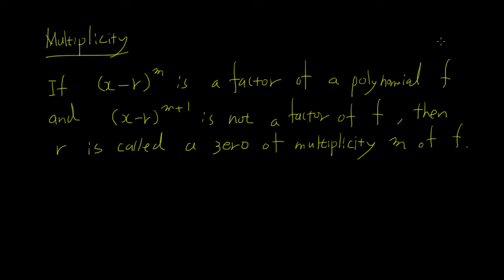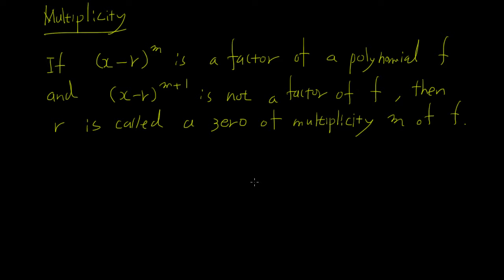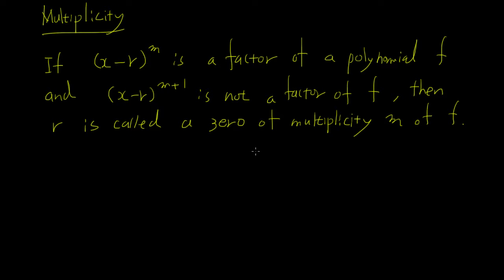You know, that's an interesting definition, and that's quite a handful, right? So we are going to try to understand what they are trying to say. Basically, what we're trying to do is define a zero of multiplicity m, right?